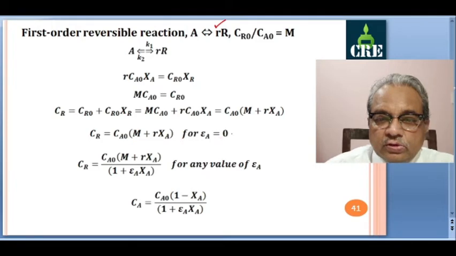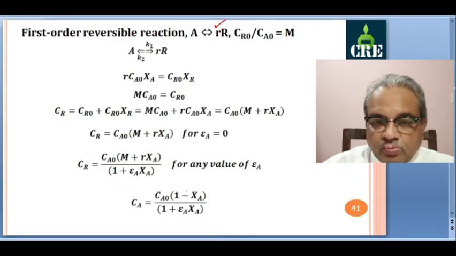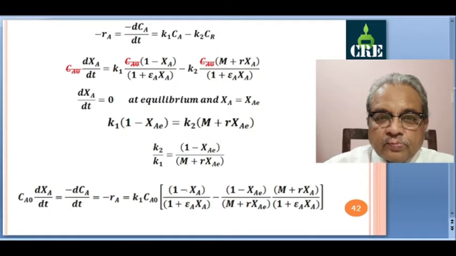This is for epsilon A equal to 0. And if I divide by 1 plus epsilon A xa, this will be valid for any value of epsilon. We know Ca is equal to Ca0 into (1 minus xa) by (1 plus epsilon A xa). Now this reversible reaction rate law can be written as minus Ra is equal to minus dCa by dt, that is equal to K1 Ca minus K2 Cr.